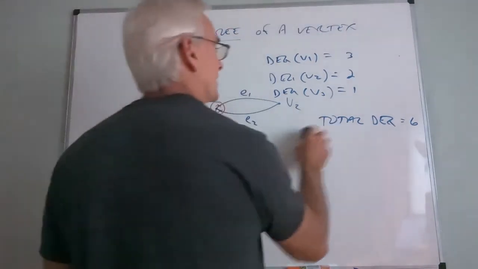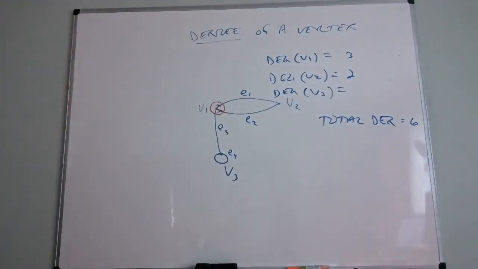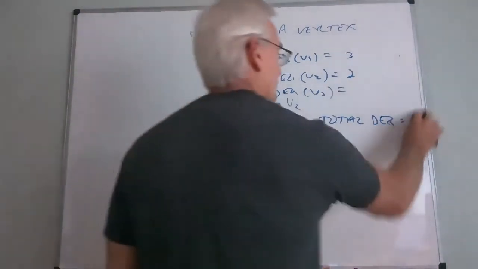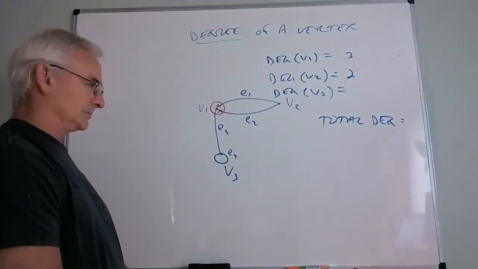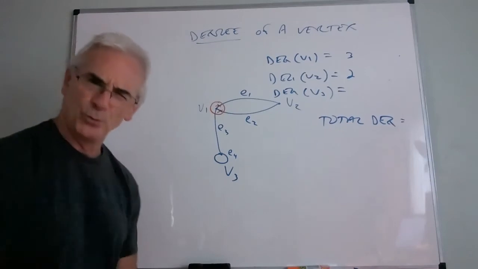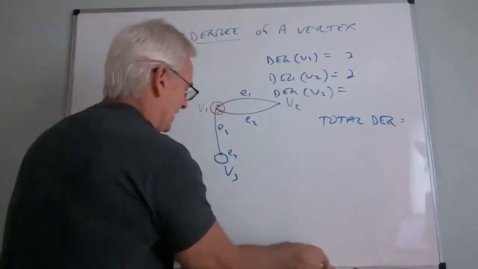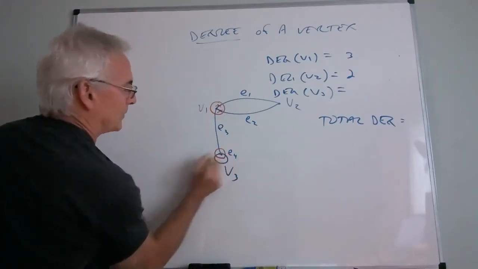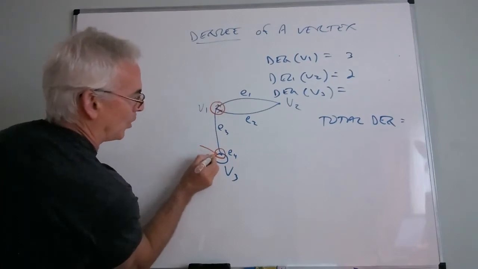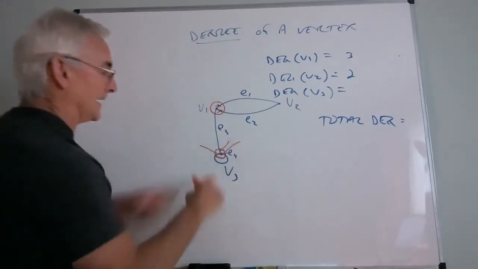Now that changed something hugely. What is the degree of V3 now? Is it 2? 3. Remember what I said about drawing a little circle? If I draw a little circle around the vertex, I get 1, 2, 3.